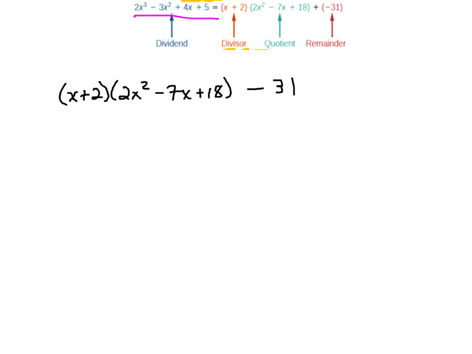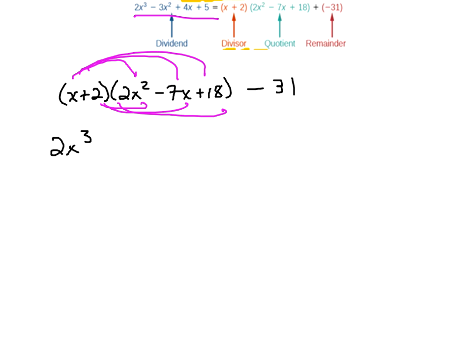Watch this. If I start by multiplying x plus 2 times 2x squared minus 7x plus 18, and then subtract the 31 after I do that distribution, I should end up with the polynomial I started out with, the dividend. So I'm going to multiply here, here, and here, and I'm going to come back and go here, here, and here.